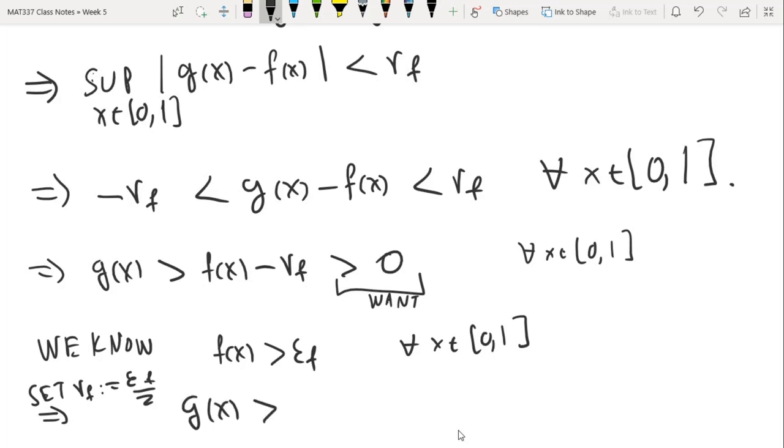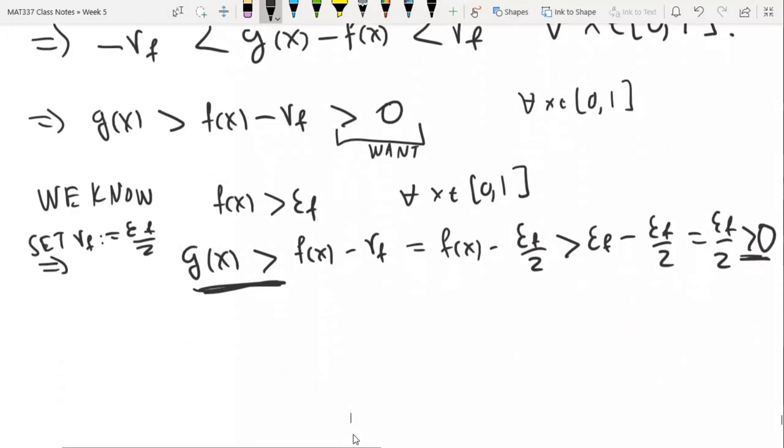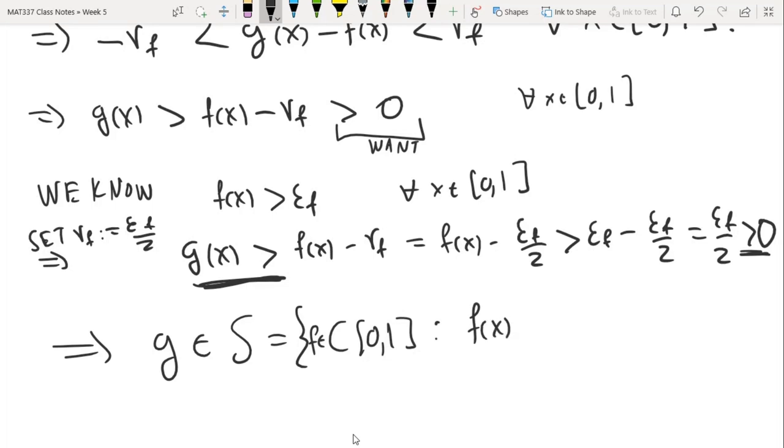So we get g of x is bigger than f of x minus r f, which is equal to f of x minus epsilon f over 2, which is bigger than epsilon f over 2. And so we got strictly positive, which implies that g is inside S, which were all continuous functions such that f of x is strictly positive.